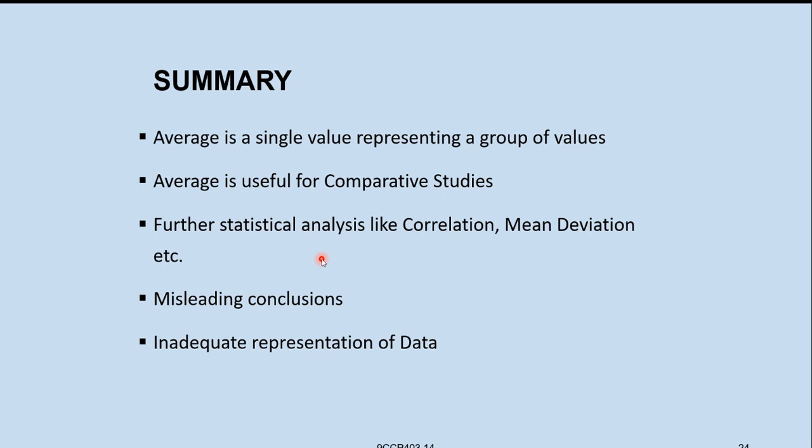If the group is very large and if the group has variables with major differences, then it will not give you a correct picture. If the differences between the numbers are almost similar, then we can depend on the average. But that will not be the case in most cases. So inadequate representation of data is there.